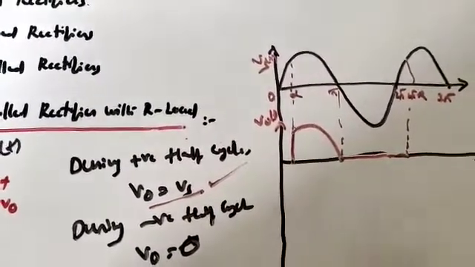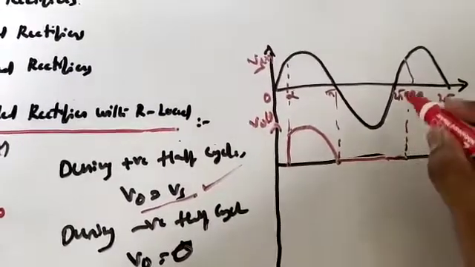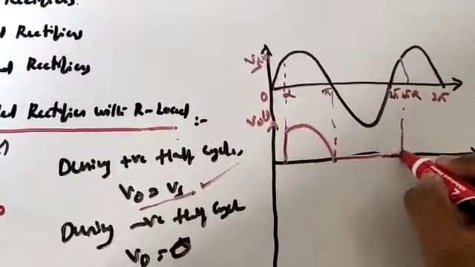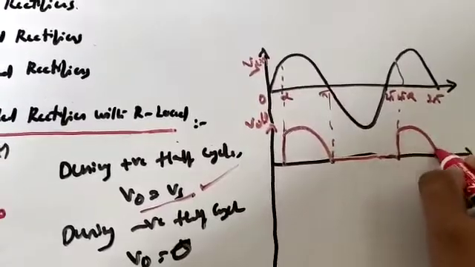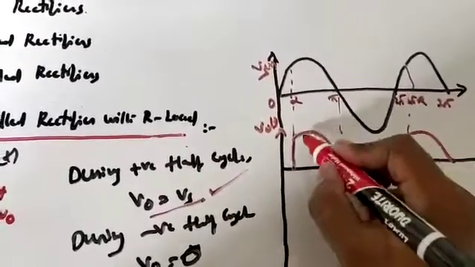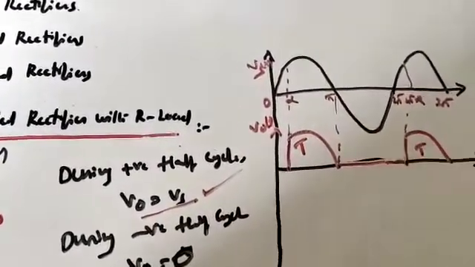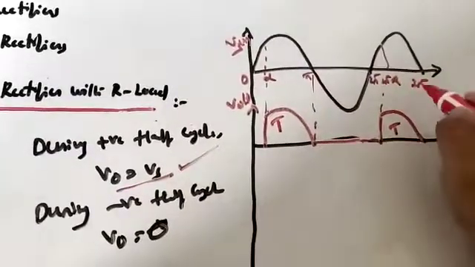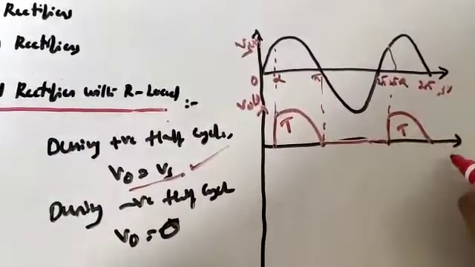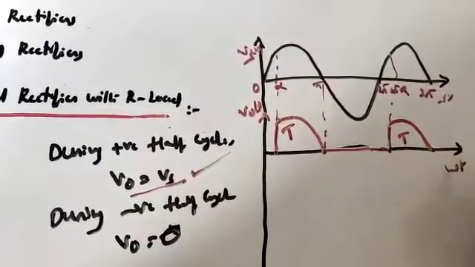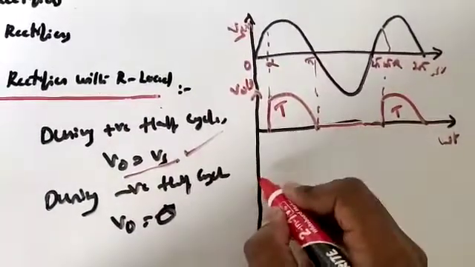And during the next positive half cycle, we are going to get v0 equal to Vs, right? Here the thyristor is triggered, here it is in the on position, this is omega t. Understood what I am saying?